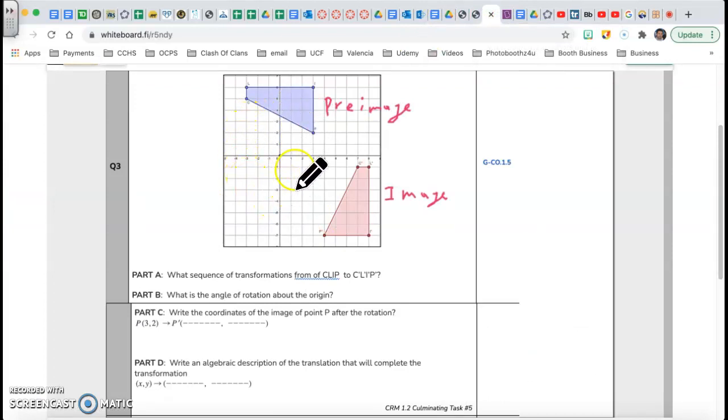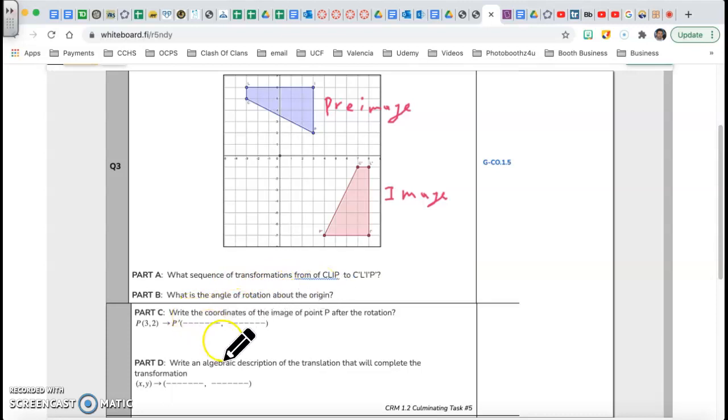Remember, this line that is vertical has to go horizontal and then flip 180. So to go horizontal is 90, then the 180 is 270. So I have a rotation of 270 about the origin. And that's question B, 270 degrees about the origin.